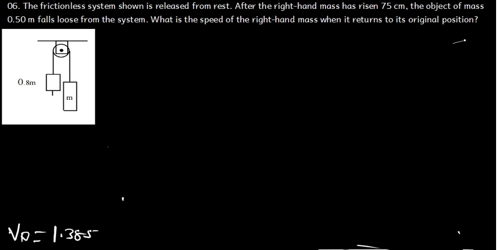So now we want to see the velocity which we're going to have, the original velocity, when it was going in this direction. So remember, initially we had this mass somewhere here. Okay, then we had the velocity as our VB, then we had the velocity as our VA here.